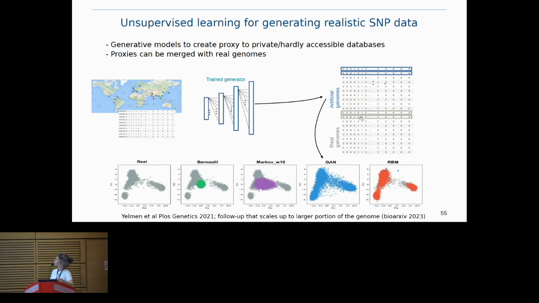So if this part of the real genome is public, and this mimics a private data set, you can augment the public database. And if you, for example, look at the PCA using artificial genomes and real genomes from the 1,000 Genomes, you can see that some models are very poor at retrieving the population structure, and some models are way better.